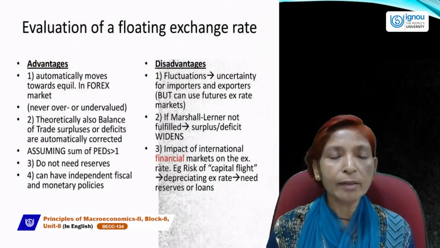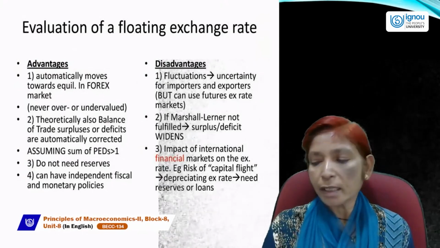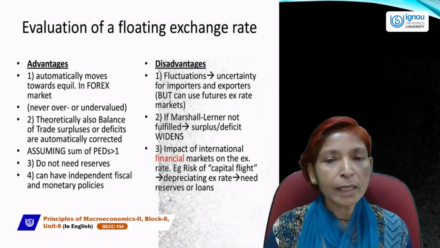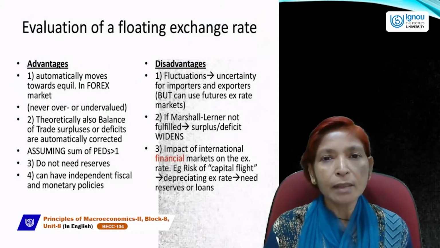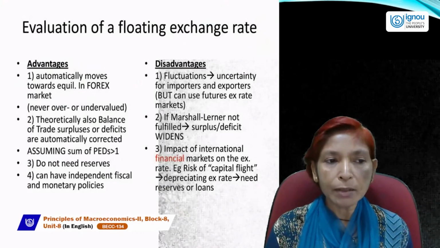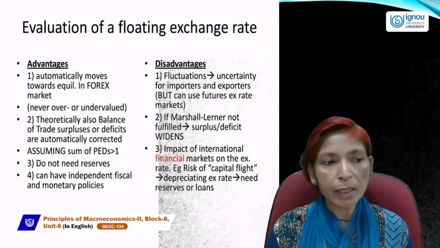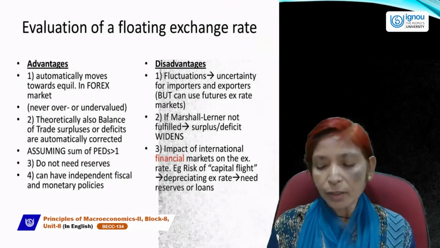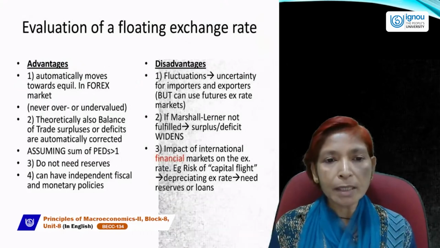Evaluation of a floating exchange rate: advantages and disadvantages. We have discussed that the floating exchange rate is determined by the forces of demand and supply. It automatically moves towards equilibrium, and it is always determined with the help of the forces of demand and supply.